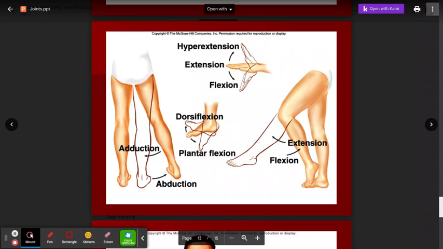But can you do that with your wrist too, or would it be something different? Dorsiflexion. It's not called plantar flexion, but yes. So up on the top of that wrist picture, hyperextension, extension, pull out, flexion coming towards your radius.